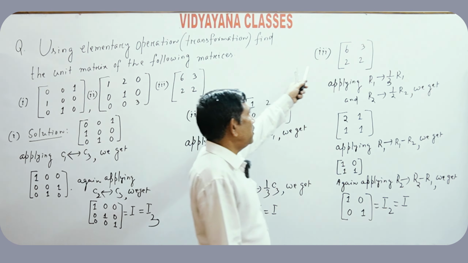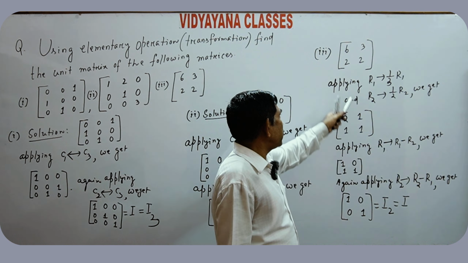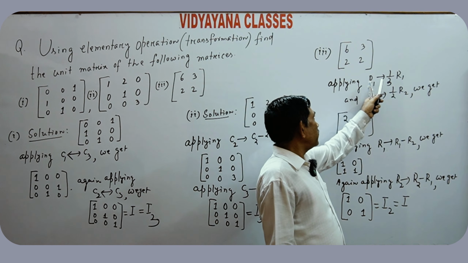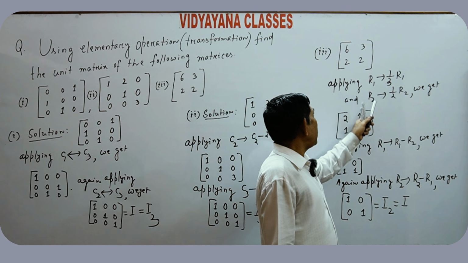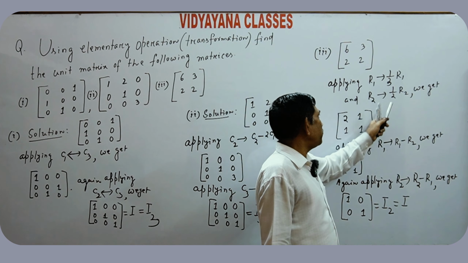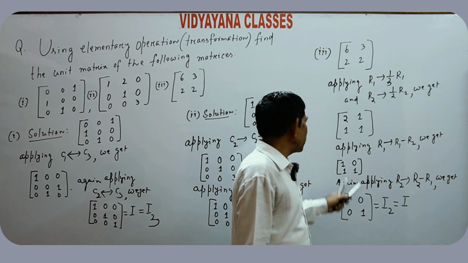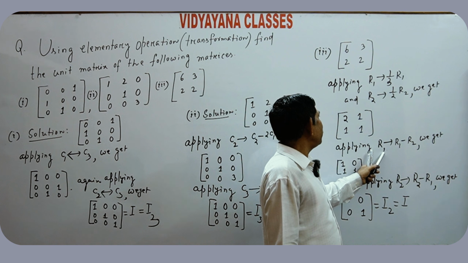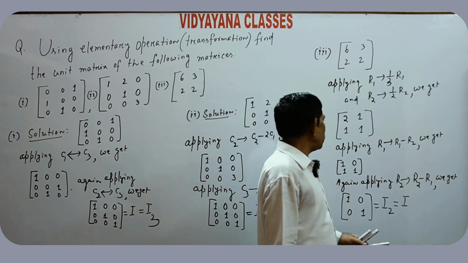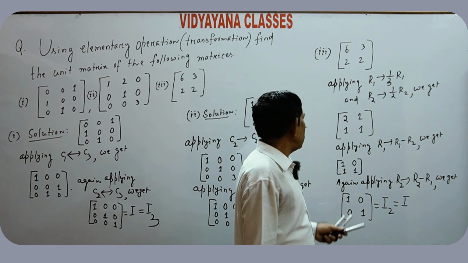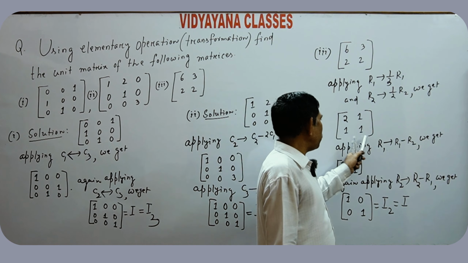Using row operation, we get the unit matrix. Applying row 1 replaced by 1 by 3 row 1, which gives 2 and 1. Applying row 2 replaced by 1 by 2 row 2, we get 1 and 1. Applying row 1 replaced by row 1 minus row 2, we get the matrix 2 minus 1, that is equal to 1, 1 minus 1, that is equal to 0, 1, 1.